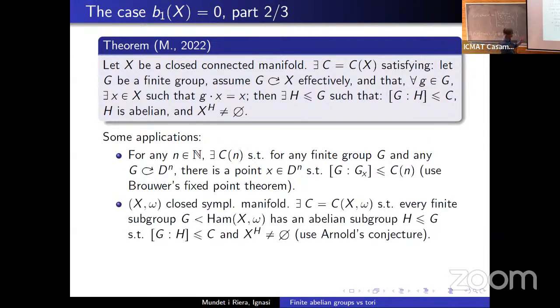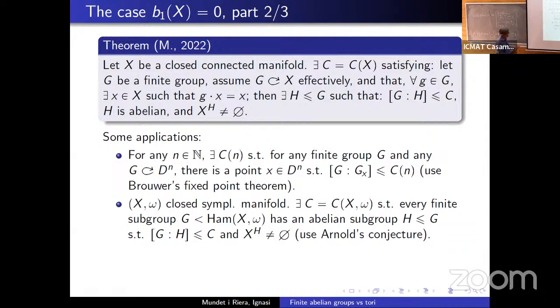There's another application in symplectic geometry. Namely, if you consider finite group actions on a closed symplectic manifold that factor through the group of Hamiltonian diffeomorphisms. There is a quite important result, Arnold's conjecture, which is nowadays a theorem, which says that any Hamiltonian diffeomorphism of a closed symplectic manifold has at least one fixed point.